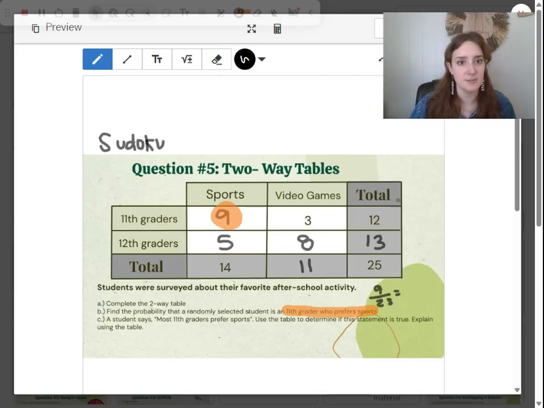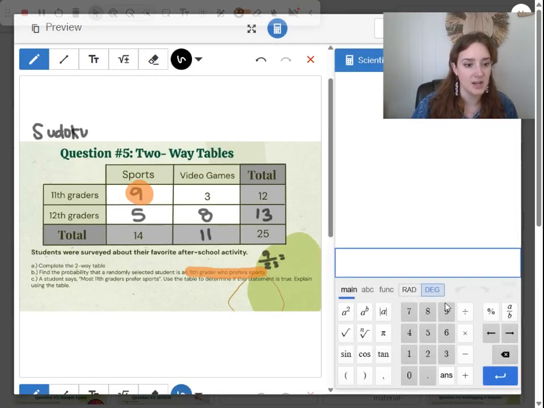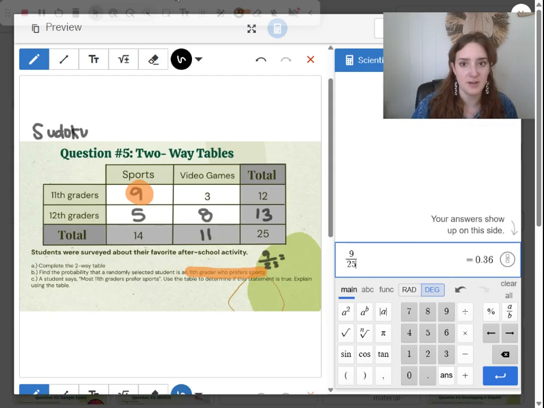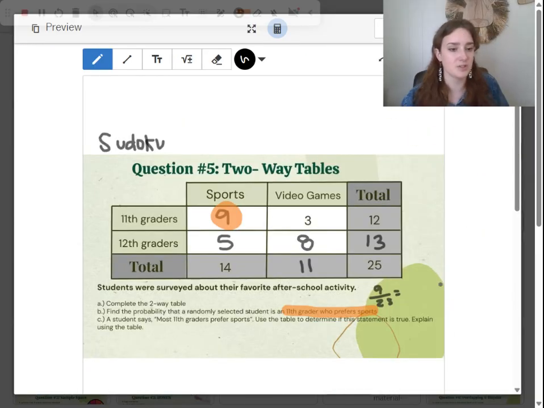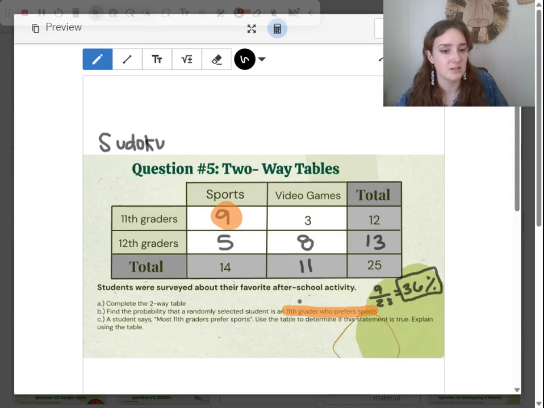Let's see what that is. 9 divided by 25 is 36%. There's a 36% chance that you are in 11th grade and prefer sports.